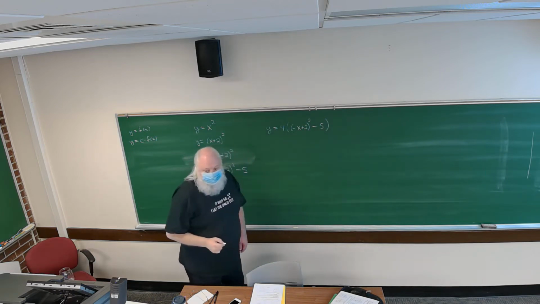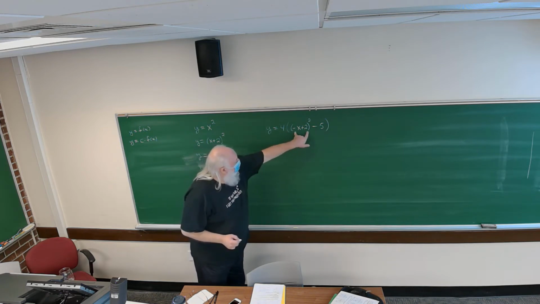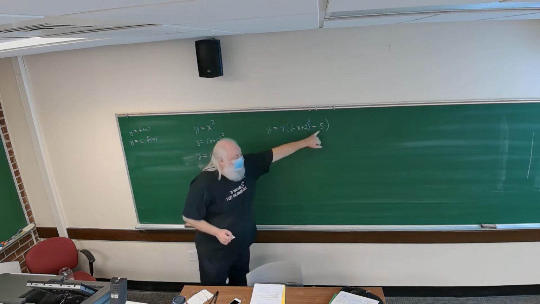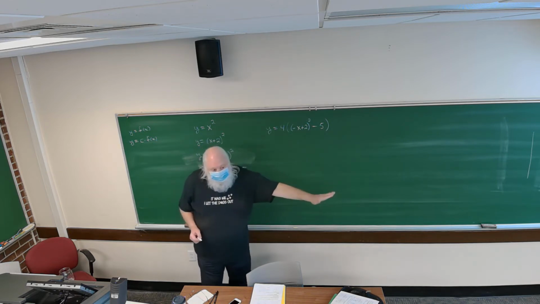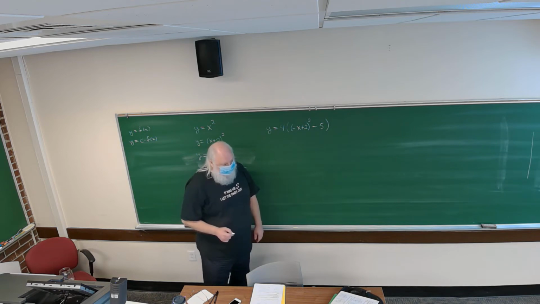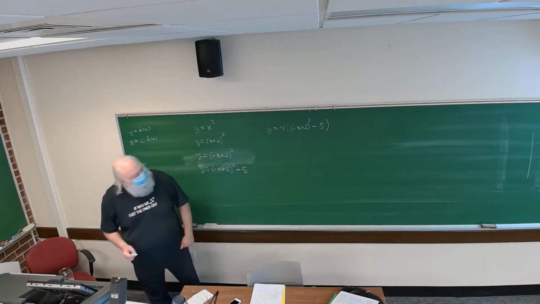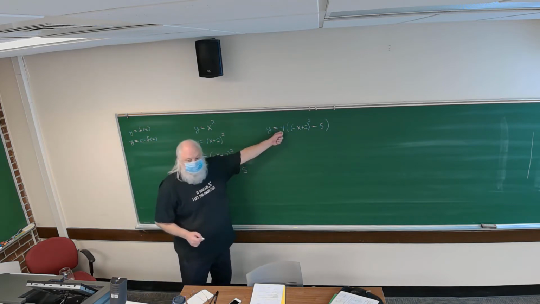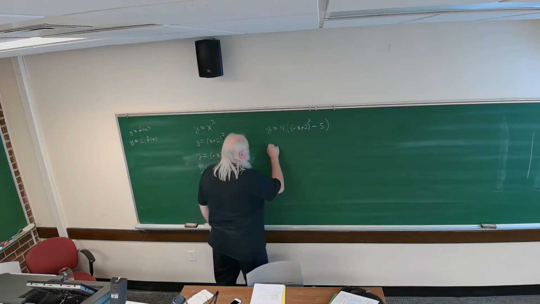Okay. What a lot of people were doing is they were multiplying just minus x plus 2 squared by 4 and leaving the minus 5 alone. But you have to multiply the entire right hand side by 4. Okay. And then reflect across the x-axis. You take the negative of the right hand side, which is multiplied by minus 1.